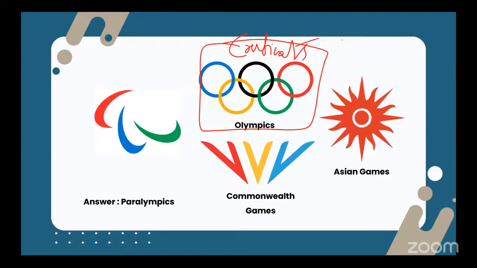Okay. And the Commonwealth Games symbol features regional variations, and then the Asian Games. This is actually the sun symbol, the Olympic Council of Asia's symbol. Okay, so that is the sun symbol. Okay, all right.